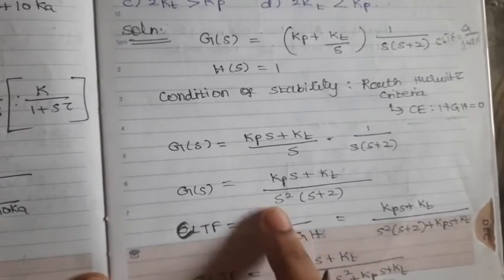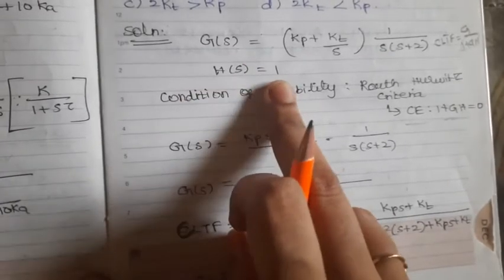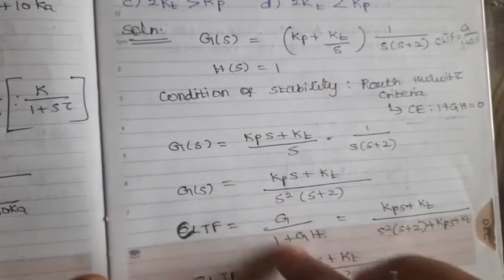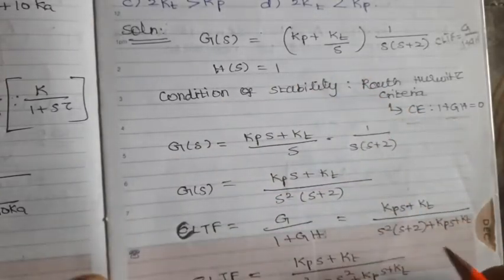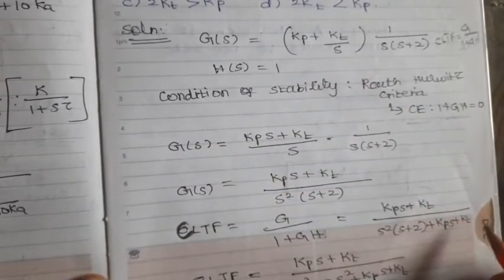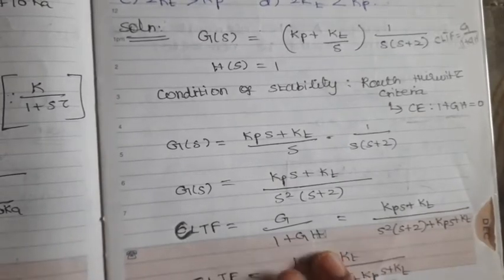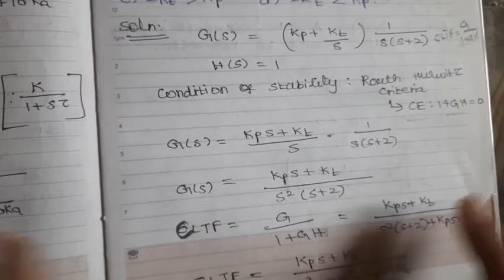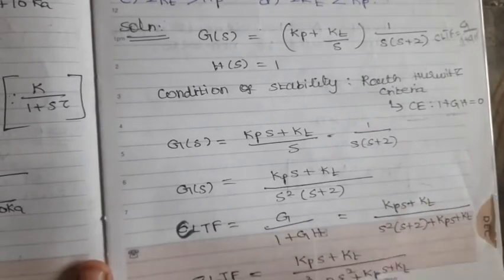What I said earlier: whenever it is unity feedback, there is no need to apply this formula. Just copy down and add the numerator term to the denominator. You can check by applying that formula, you will get this answer only. This is homework, you can work it out.